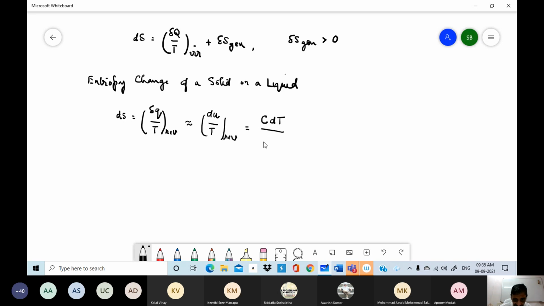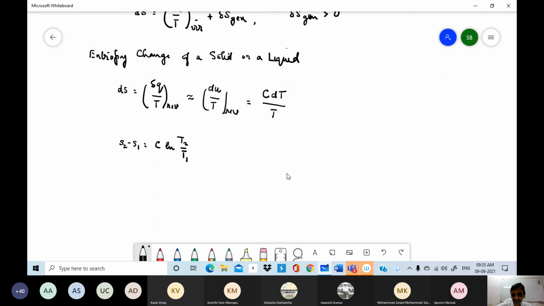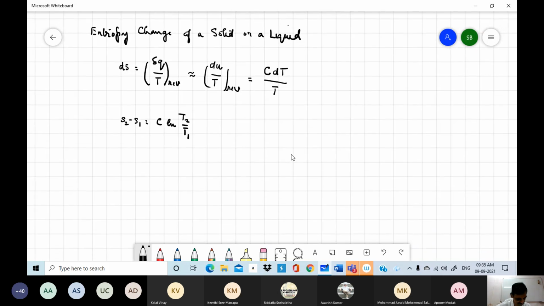So the ds would be this divided by T. Then if I assume that C is constant, unlike the specific internal energy or specific enthalpy, which was a linear function of temperature, the entropy is a logarithmic function of the temperature.